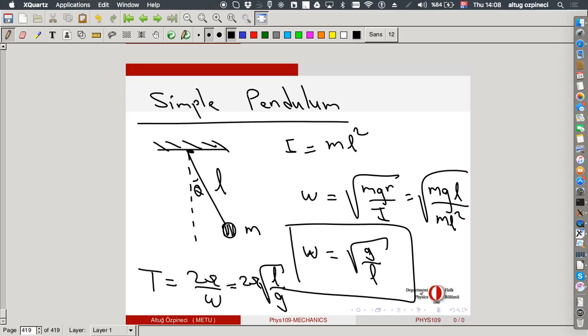So the length is now 9.9 centimeters. Let's measure the period. So who is volunteering to keep 20 seconds? I need a timekeeper. Okay, you are keeping the time.